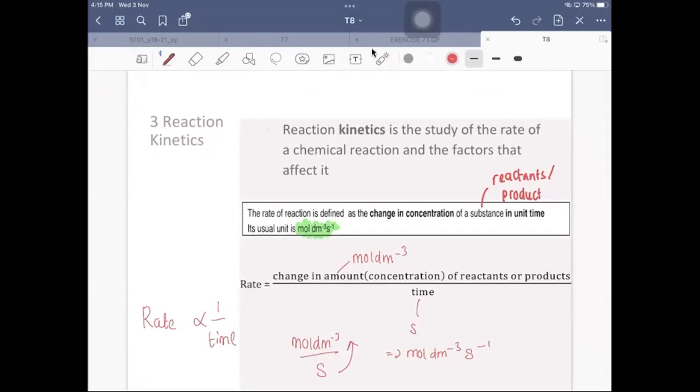If the reaction takes a short time to be completed, we say it has a high rate of reaction. So rate and time are inversely proportional. When time is big, rate is small.